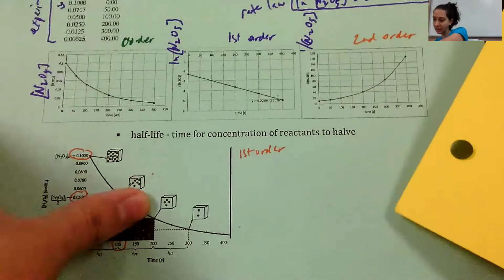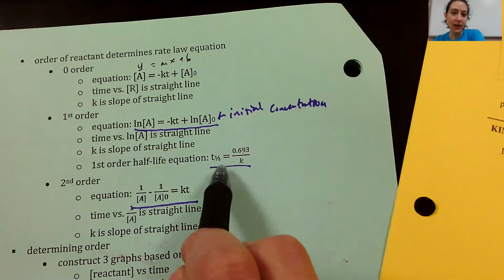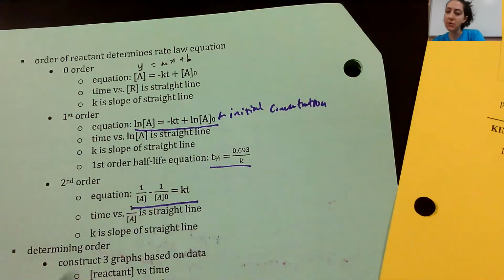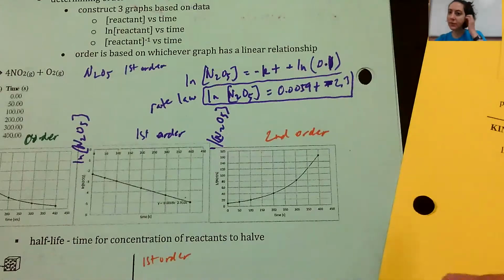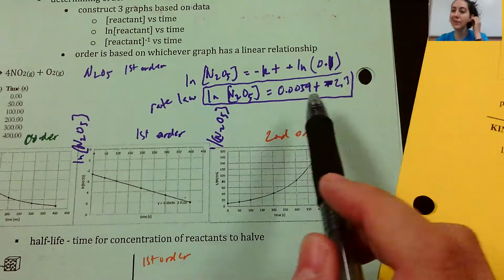So going back up to the first order, you can use the K from the equation.